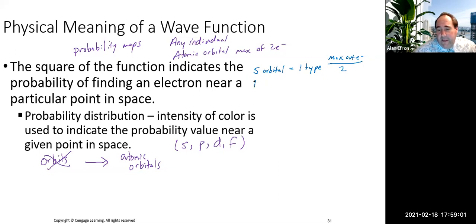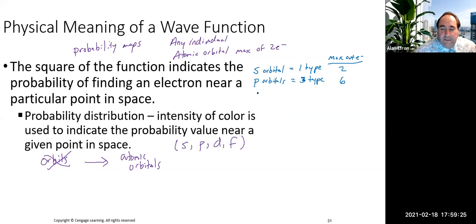When we get to p orbitals, there's more than one. There are 3 different types of p orbitals, and each one could hold 2 electrons.